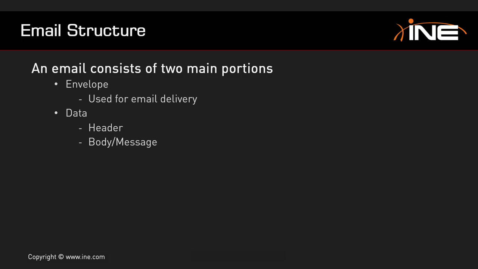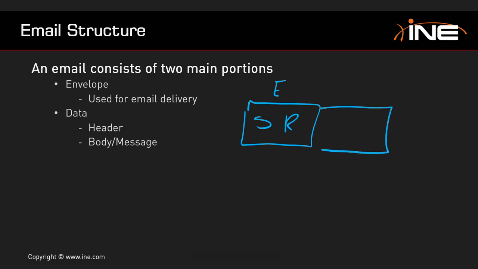So from a high-level perspective, the actual message is going to look like that. We will have the envelope, which is what defines our email sender and our recipient or potentially recipients. And this is going to be prepended to the data, which is a bunch of header fields, and then the actual content of the message. And this information here is being used by SMTP devices, SMTP servers, to forward the message.